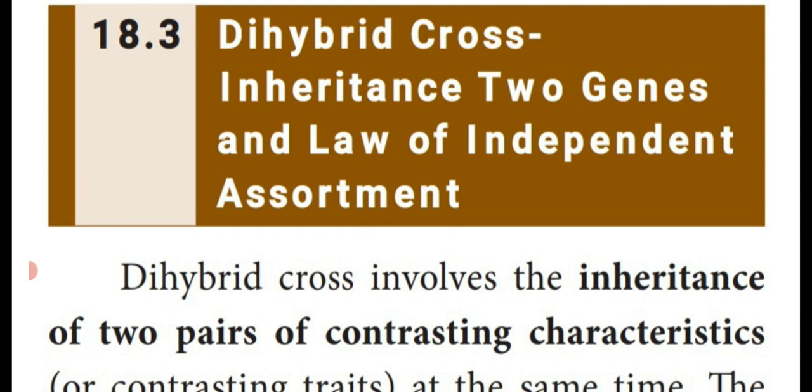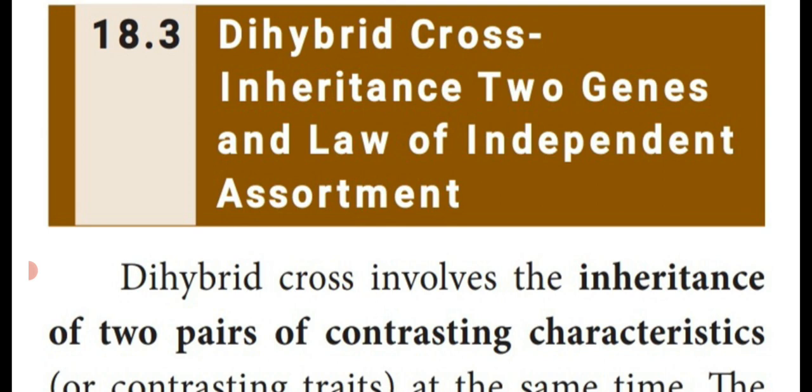Next we are going to see the dihybrid cross. Here, the inheritance of two genes. This dihybrid cross, which proves Mendel's law, is known as the law of independent assortment. First, the monohybrid cross proves the law of segregation.